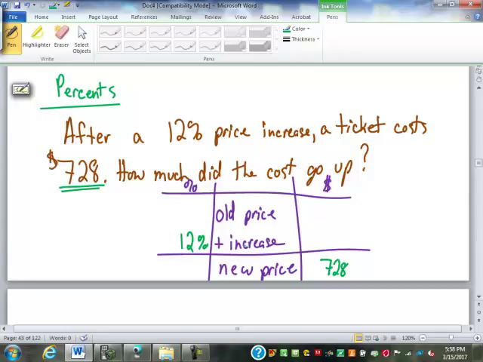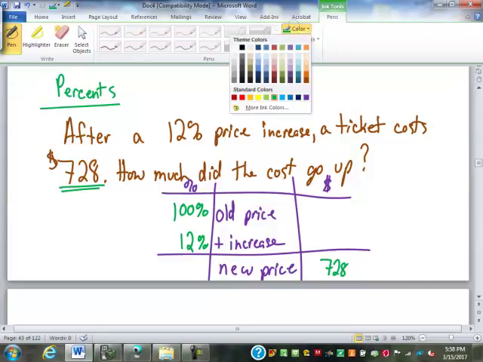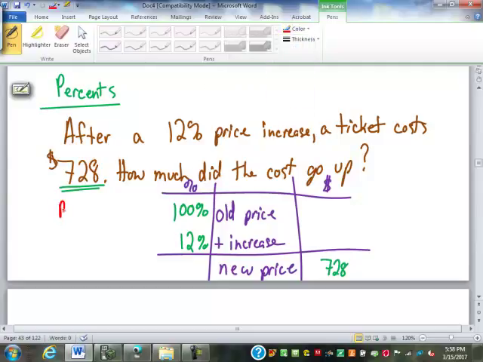The 100%. And we've said in a problem like this, the 100% is either the whole amount or the starting amount. And the starting amount here would be the old price. That's 100%. The 100% describes the item that all the other calculations are based on. I'm going to make a note of that.